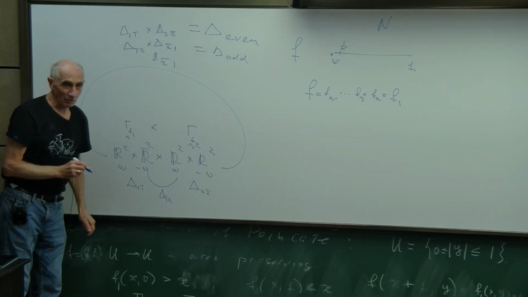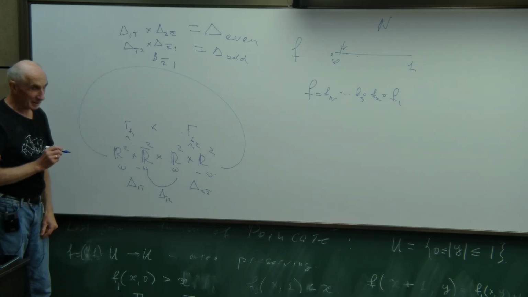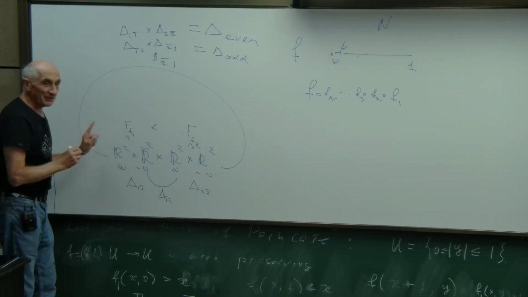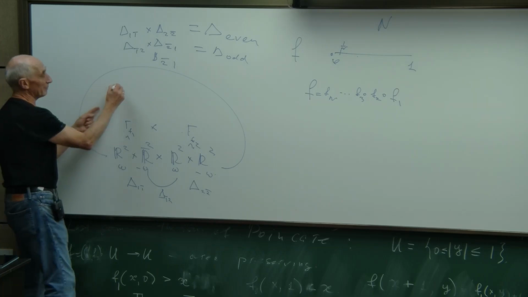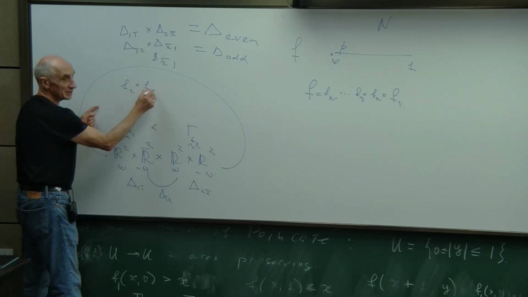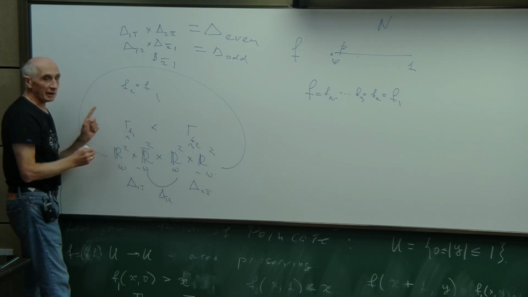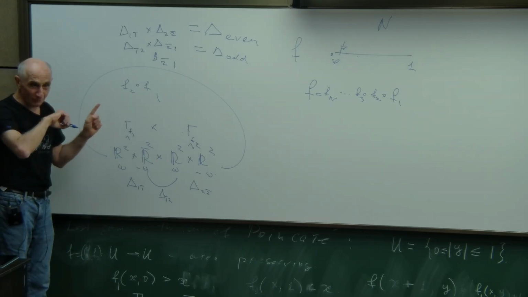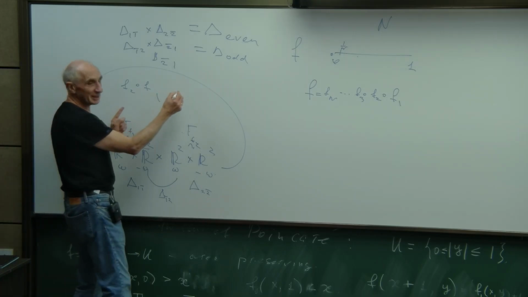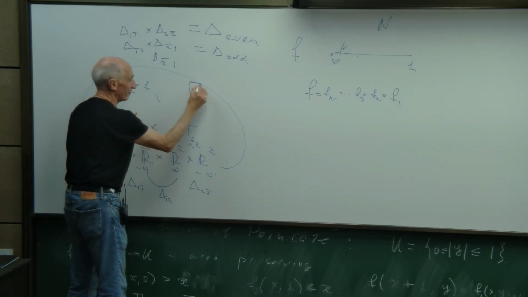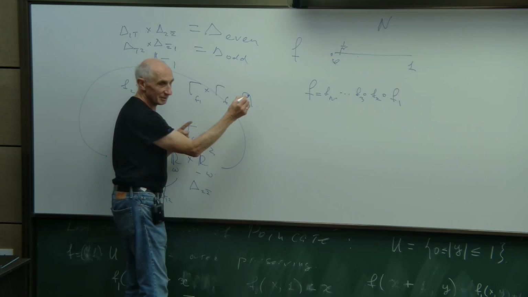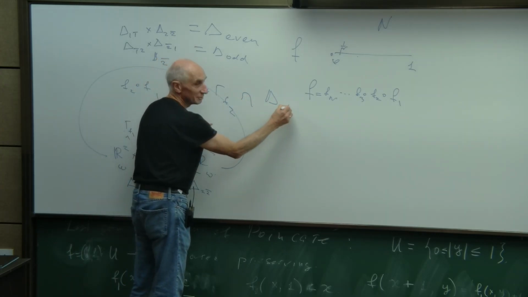Now my claim is that the fixed points of the map F2 composed with F1 are in one-to-one correspondence with the intersection of the graph of F1 times the graph of F2 with delta odd.